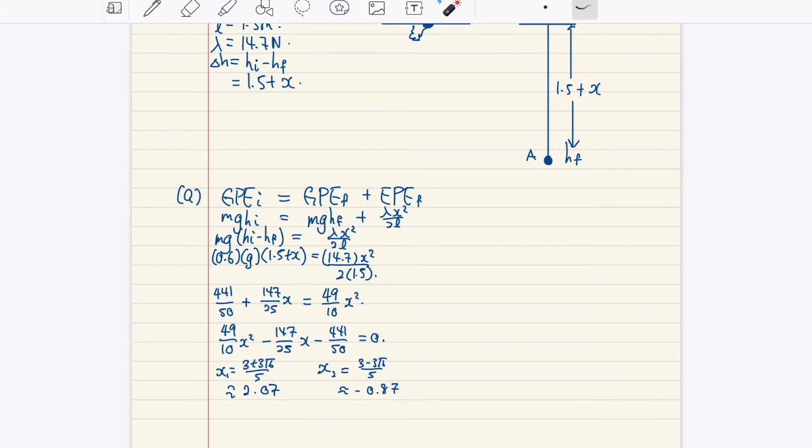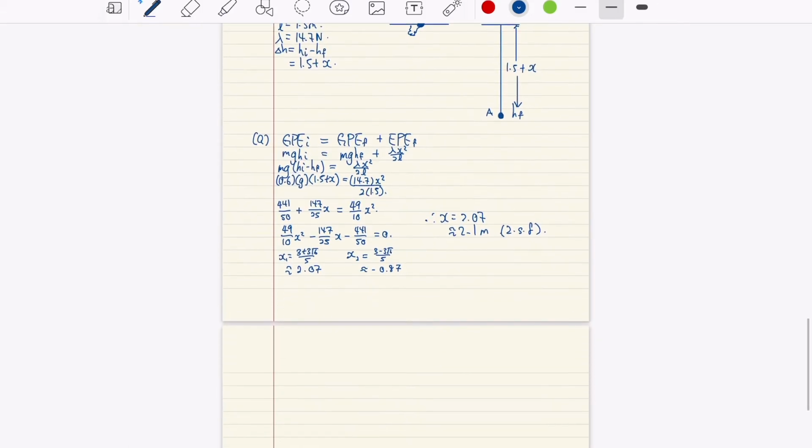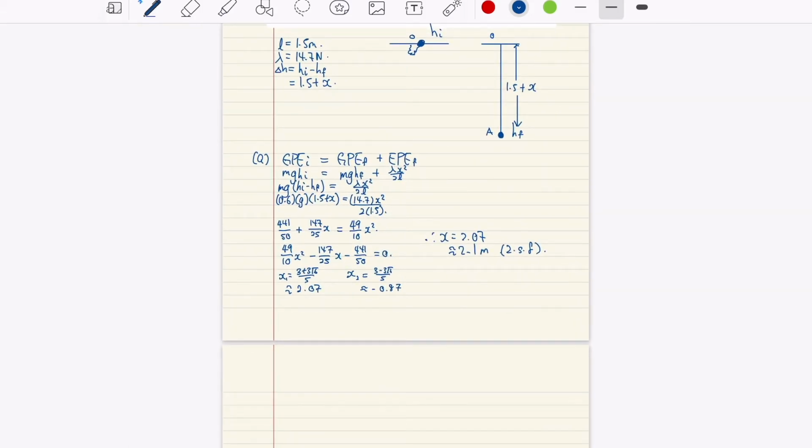The extension is 2.07 and it's a positive value, so it extends by 2.07, which makes sense. So the answer will be x equals 2.07, and since we use g, we get 2.1 meter to two significant figures. Every time you do a quadratic equation in this kind of mechanics question, it's really important to find out which makes more sense to you.